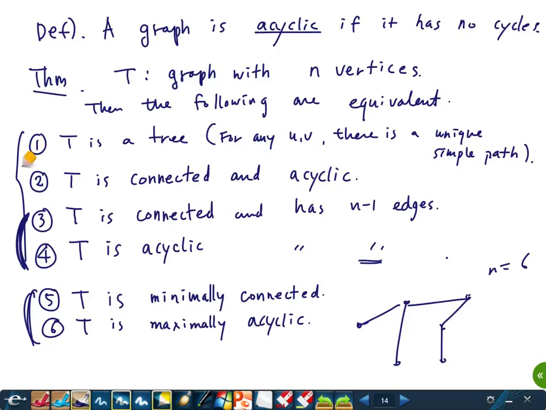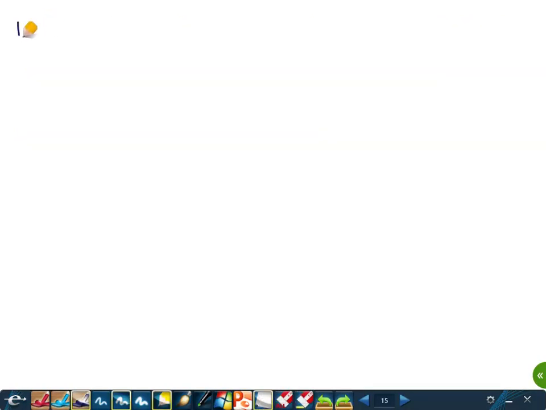I cannot prove everything here, but let me give you a proof of a simple thing: 1 implies 2. So let's prove 1 implies 2. Basically, we will continue this in the next lecture, but we will proceed in this way.